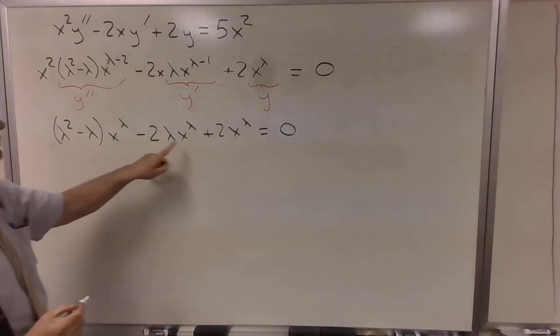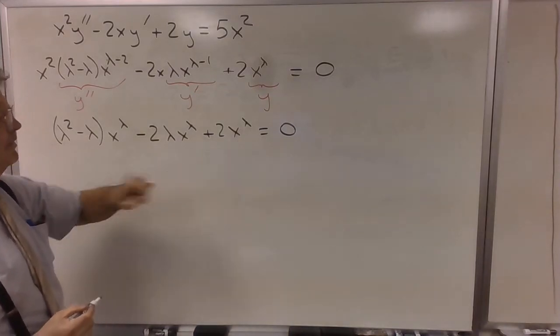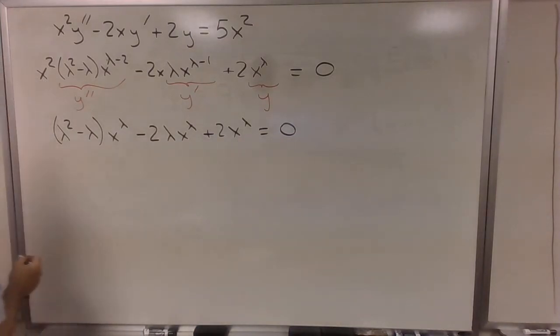Each term has a factor of x to the lambda, so we divide both sides by x to the lambda.